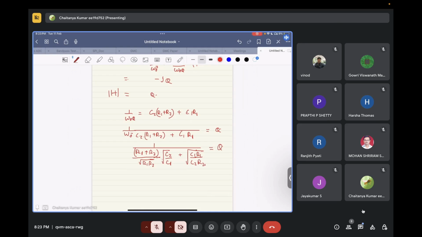This is the value of Q. Okay. So can you simplify it a little more? Let's try that out.